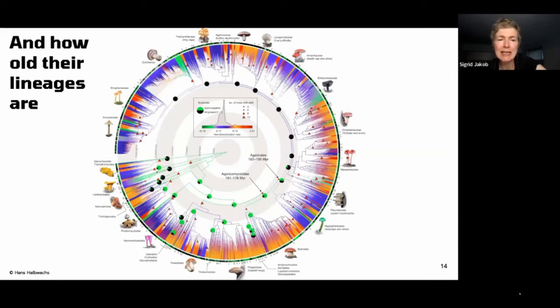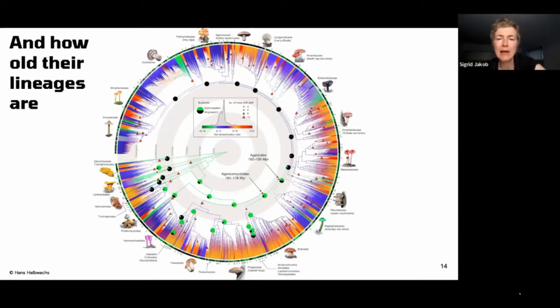You can see that some of them are really old. Some of them have these green lines that go all the way to the Permian and beyond. Whereas some other ones, like the Cantharellales and the Dacrymycetes, and so on, those are really, really old families.